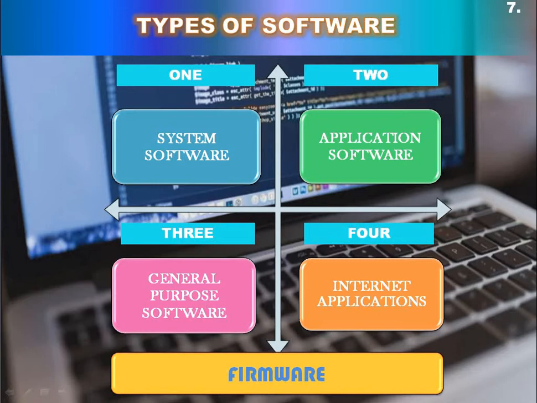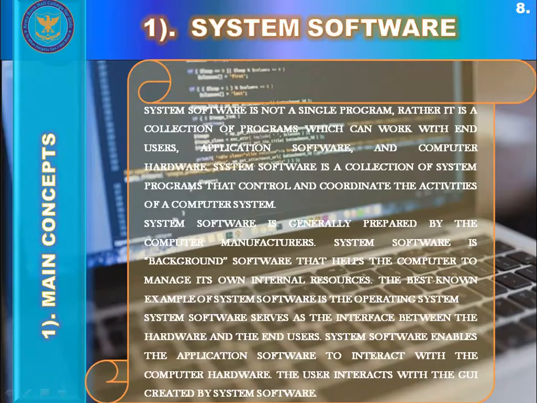And the fifth type, which is usually not added, but here we are adding, is firmware software. So first of all, the basic type of software is system software. System software is not a single software, not a single program.